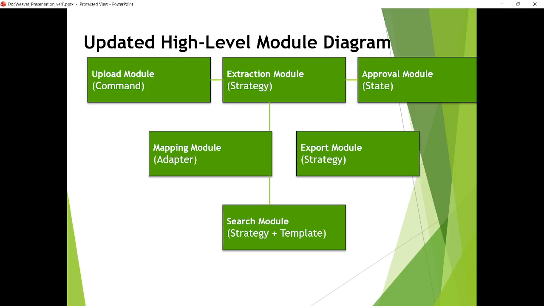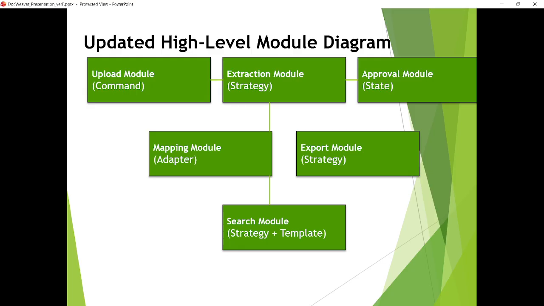It uses the strategy pattern to support different document types, and uses a queue and process model. The third one is the approval module. It uses the state pattern to represent the life cycle of documents, like review, approve, export.